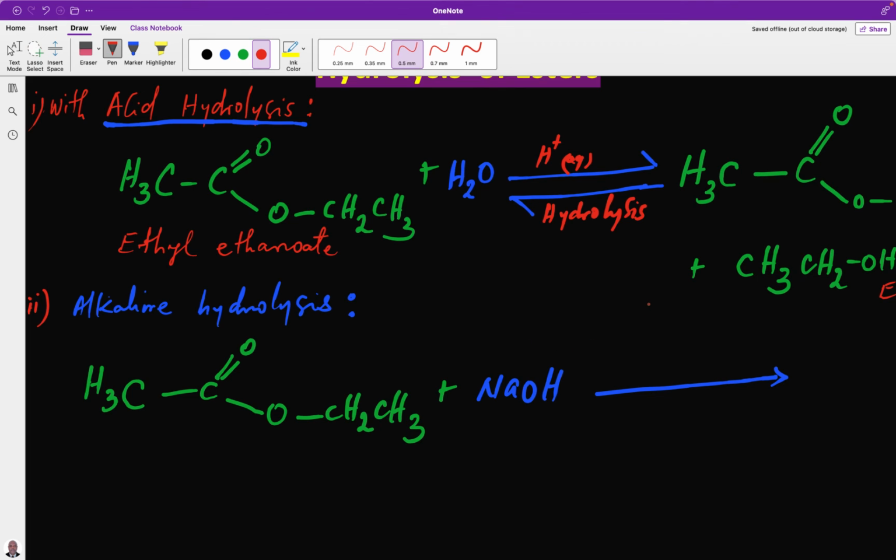Here we have aqueous sodium hydroxide, that is OH, and this is hydrolysis.